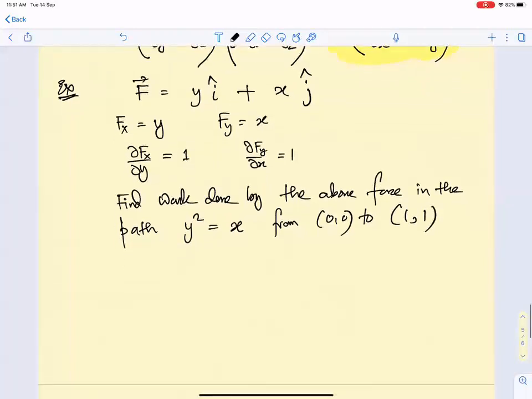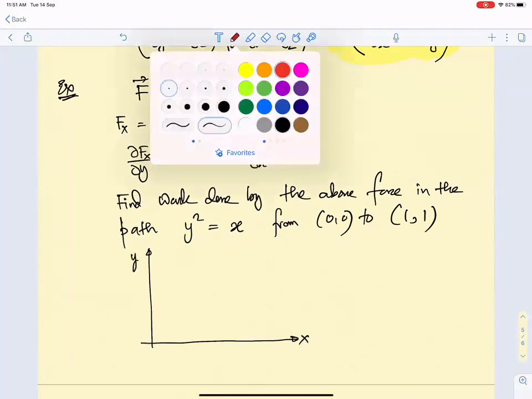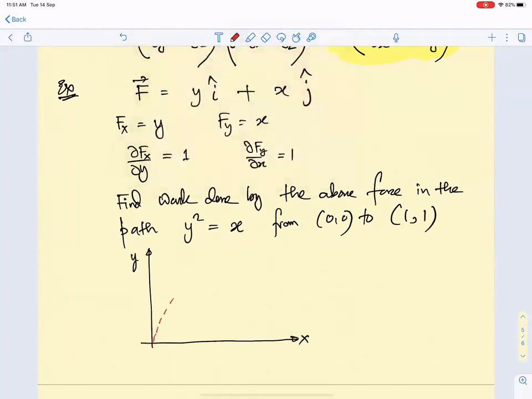So this is the x and y axis. That means y square equal to x, how is this curve? Like this. Y square equal to x from 0 0 to 1 comma 1. That's also a valid point on this parabola.